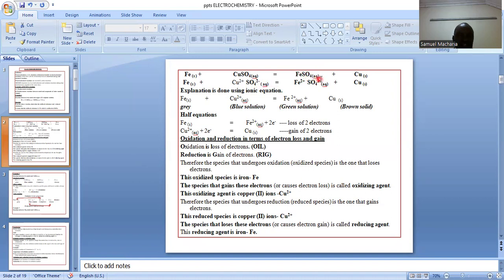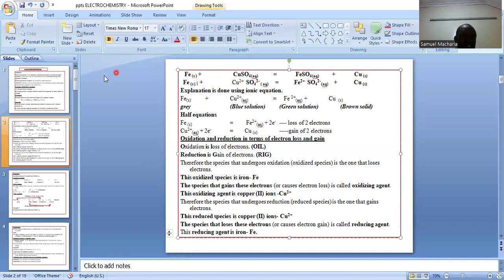Iron 2 sulfate solution separates into iron 2 positive ions and sulfate 2 negative ions. The sulfate ion is common on both sides. Ions that are common on both sides are spectator ions, so we cancel out the sulfate on both sides.